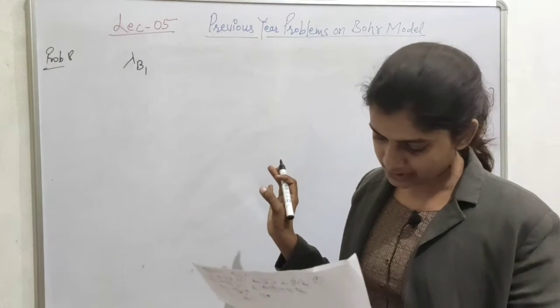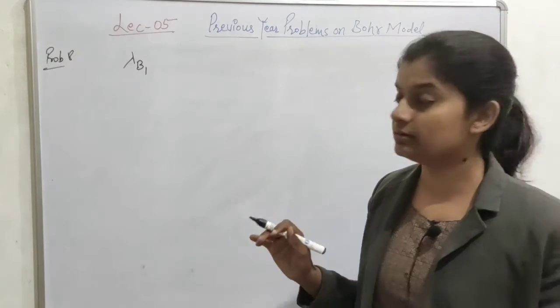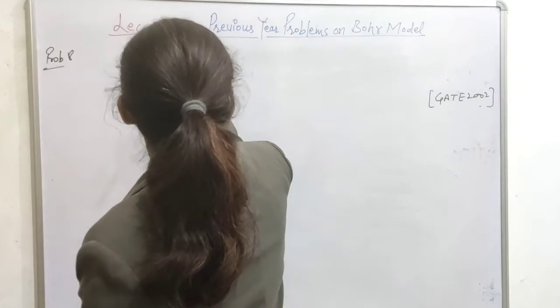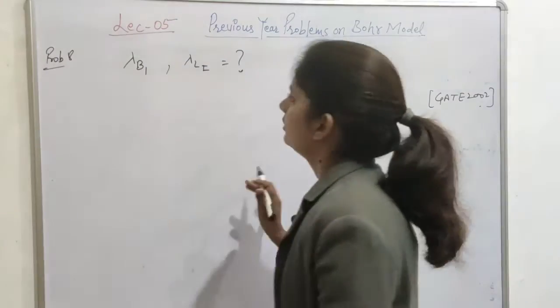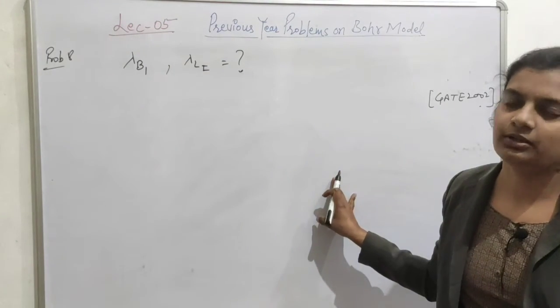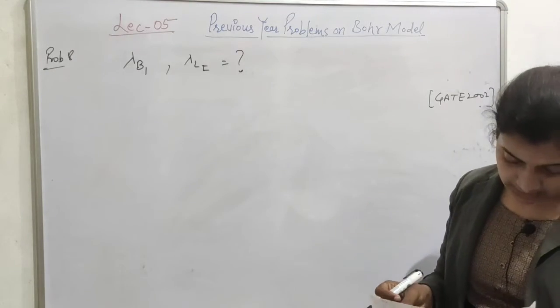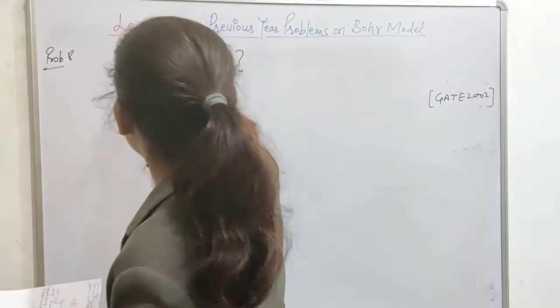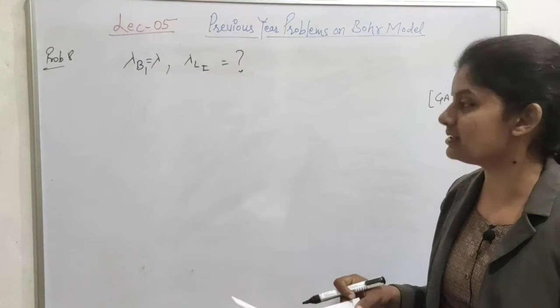Next, what is given? Then the wavelength of the first line of the Lyman series is asked. This is very simple. The wavelength of the Balmer series is given and it is lambda. And the wavelength of the first line of the Lyman series is asked.